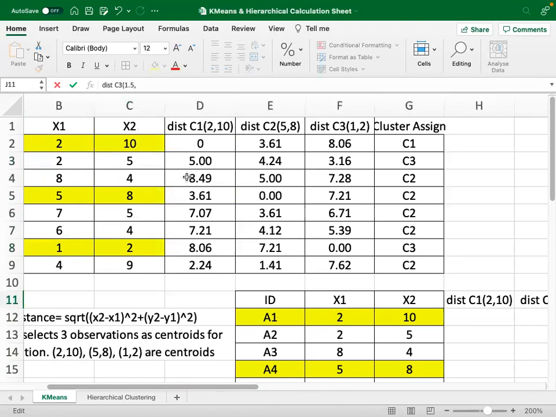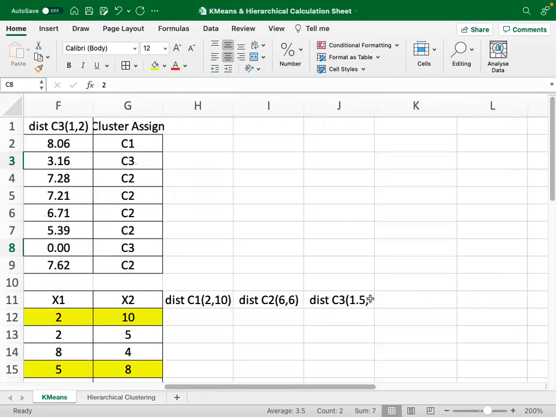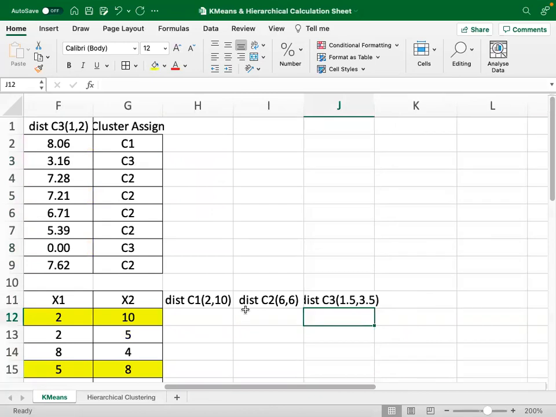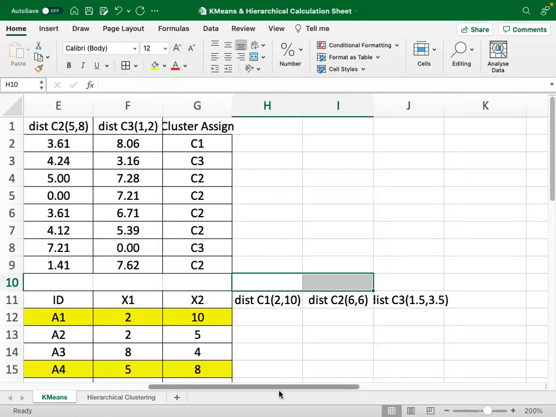Similarly, C3 for X2 is this and this, which is 3.5. The average is 3.5. So this is how new centroids are calculated. New centroids are calculated based on the cluster observations. So now we got the iteration 2 new centroids.